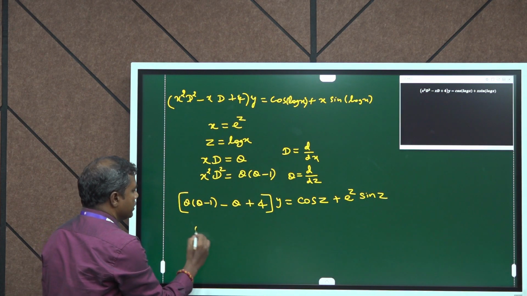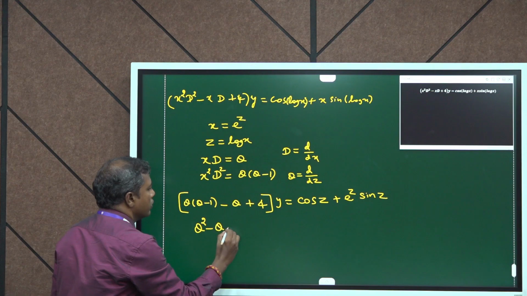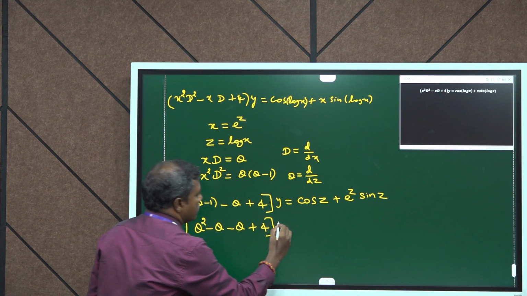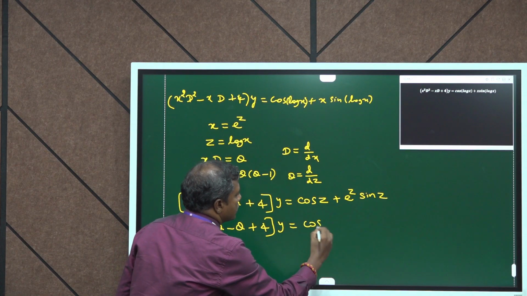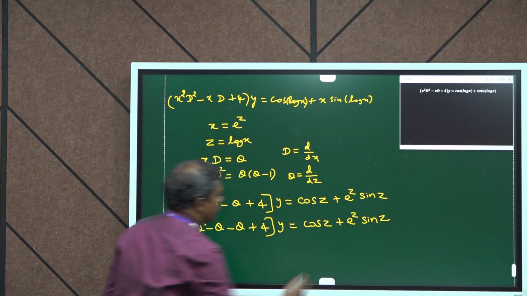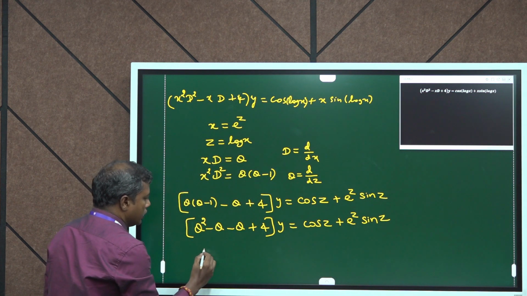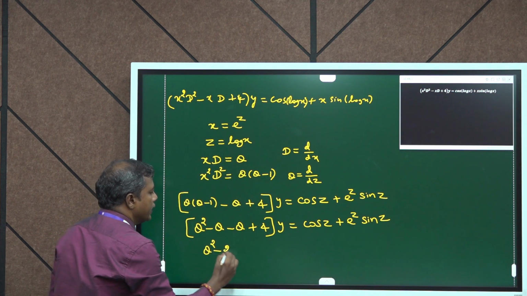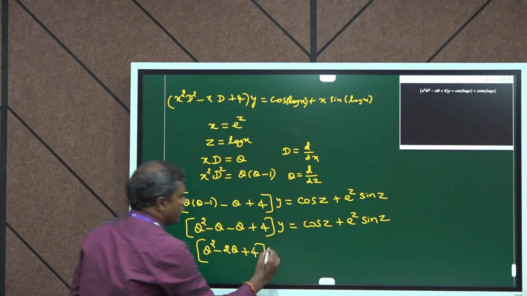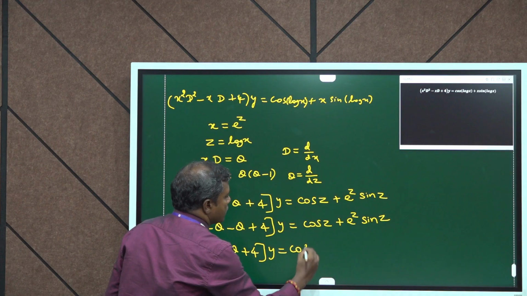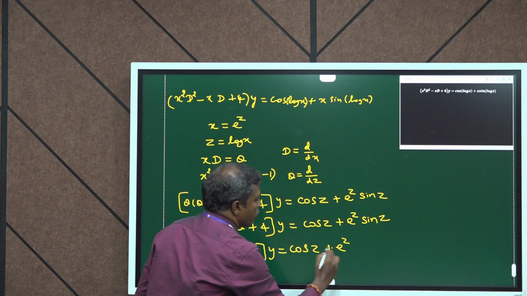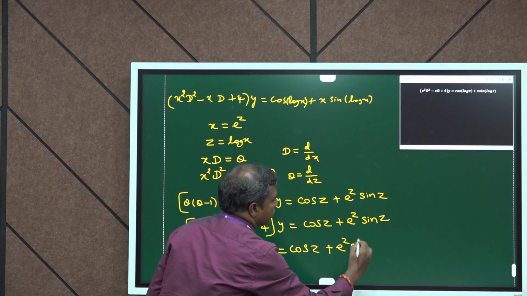Now if you simplify this, theta square minus theta plus 4 into y is equal to cos z plus e power z sin z. Now this becomes theta square minus 2 theta plus 4 into y is equal to cos z plus e power z sin z.